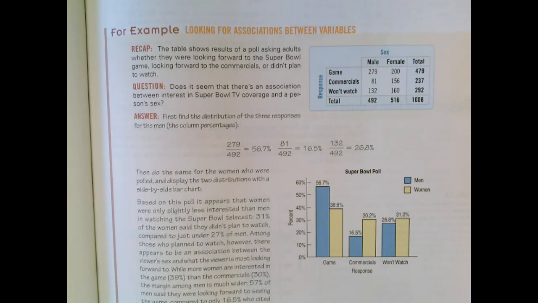Pretend they were equal all the way across the board. That would mean it doesn't matter what your gender is or your sex is. It just means that 45% of people like to watch football, boy or girl. And 20% of people like to watch commercials, boy or girl. And 35% like to not watch at all. And so that would be implying that they are independent, because there's no association between your sex and your preference of what you like to watch.